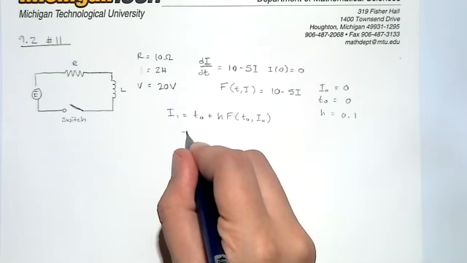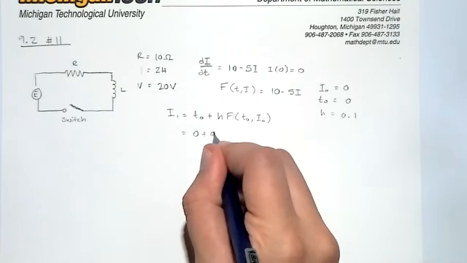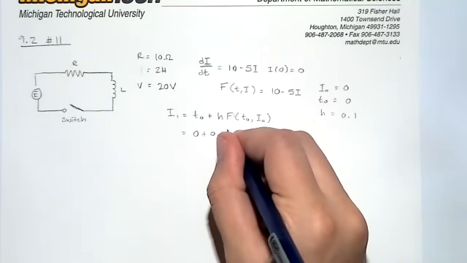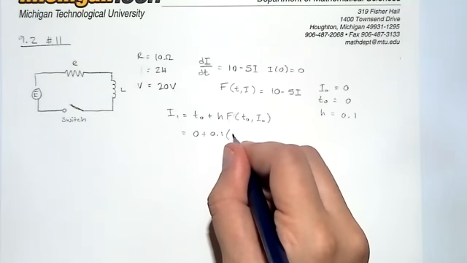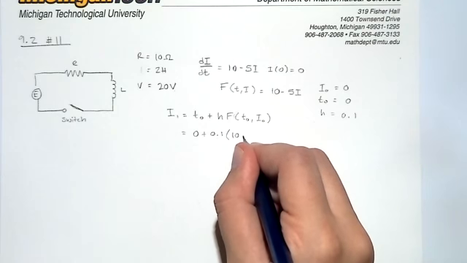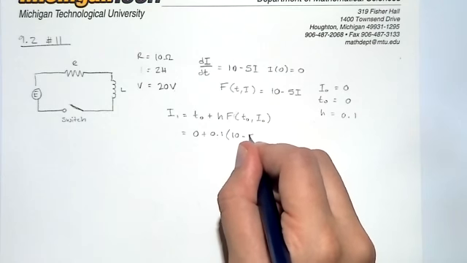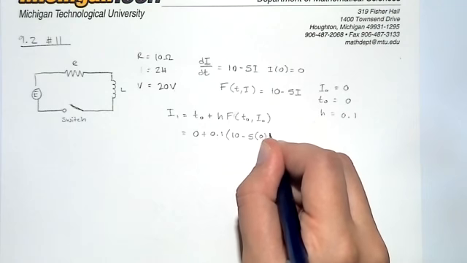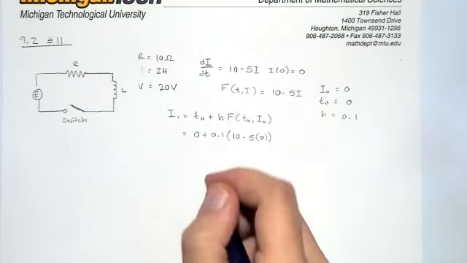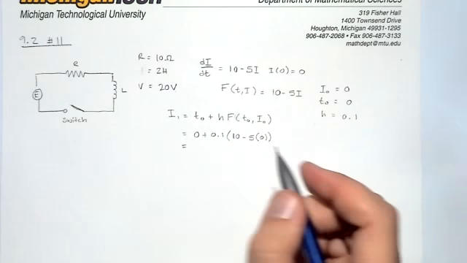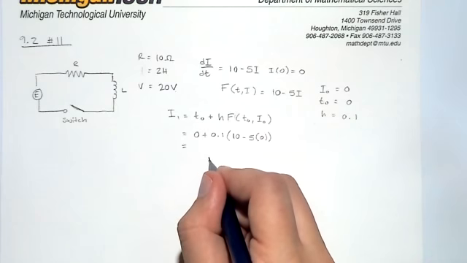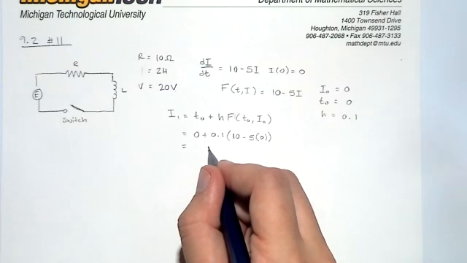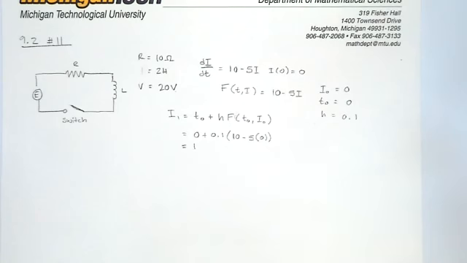And so you're going to get 0 plus 0.1 times 10 minus 5 times 0. So nothing too crazy. We get an I sub 1 equal to 1. Very, very fancy.